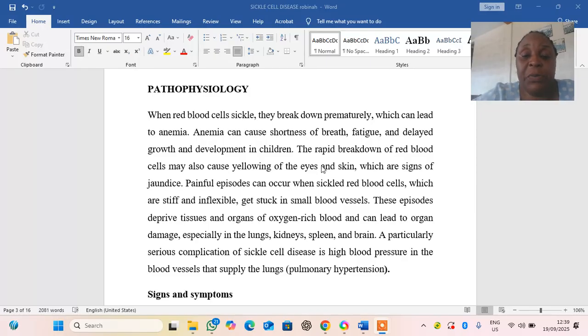So the rapid breakdown of the red blood cells may also cause yellowing of the eyes and skin, which are signs of jaundice. What does it mean? That the red blood cells will continue to break down, and as they break down, their byproduct, which is bilirubin, will accumulate in the blood.